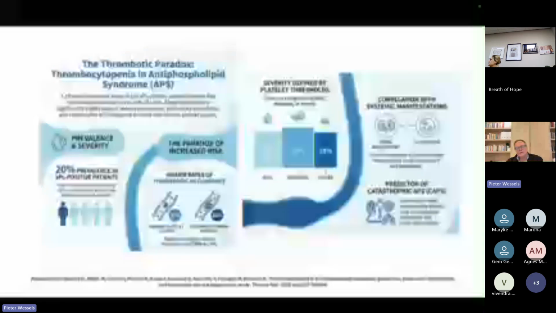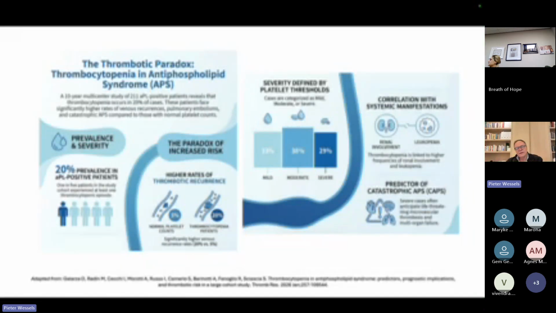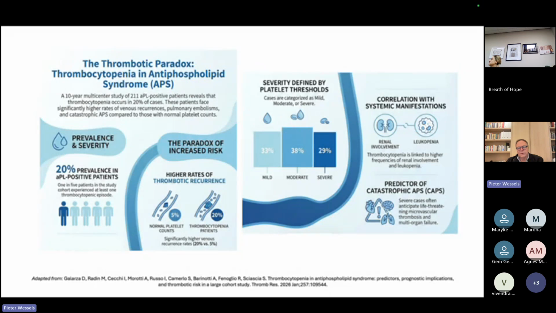If you look at patients with a thrombotic incidence, 20% will have a thrombocytopenia as well. And there's no dependency on the degree of thrombocytopenia.